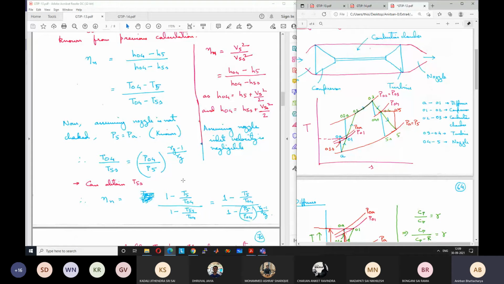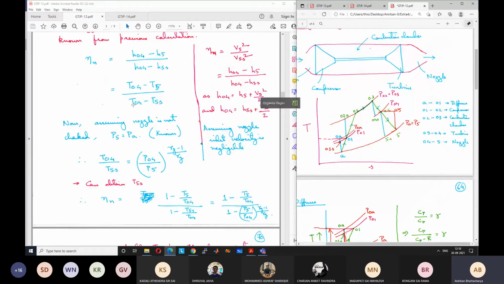Once you know the temperature for the ideal case, we can find the temperature for the actual case based on the nozzle efficiency, which will give us the value of T5. T04 is already known from the turbine exit condition, and T5s we have just calculated. So T5 can be obtained using nozzle efficiency.